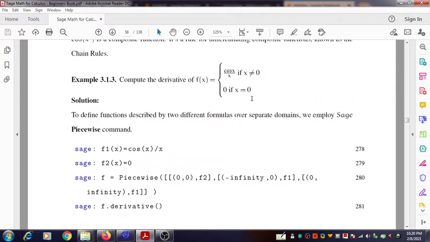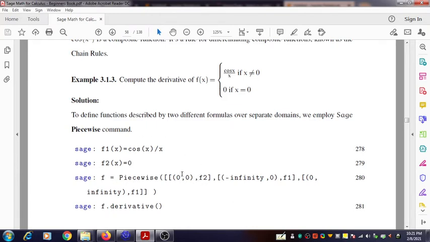Actually that is not an interval, it's a single point 0, but that single point can even be written as an interval, where the starting point and end point are the same. So 0 comma 0, when x equals 0, the function is equal to 0. So f2 is that function.